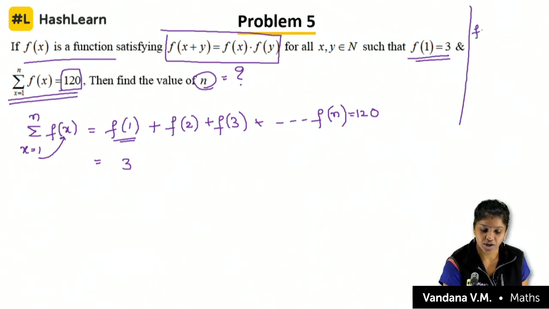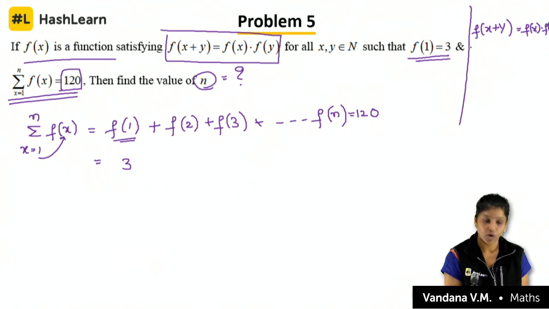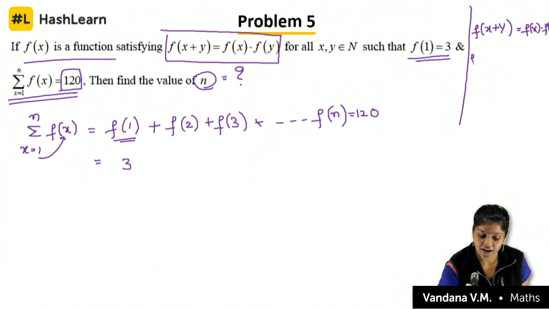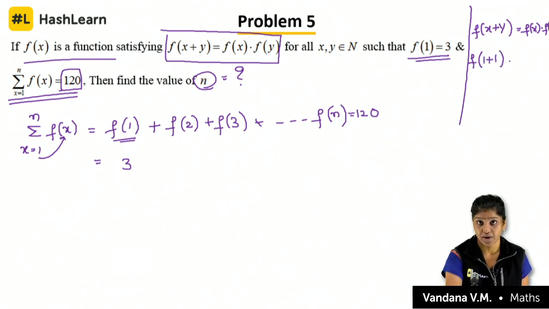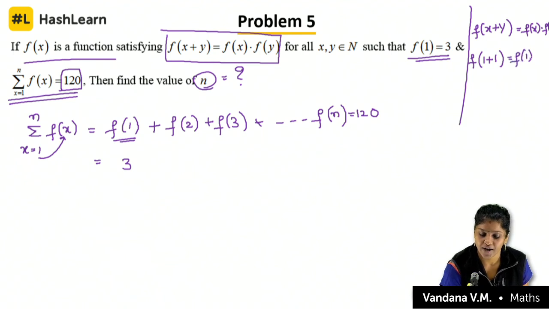What is the condition? f of x plus y is equal to f of x into f of y. I want 2. For my convenience, I will write that 2 as 1 plus 1, because I wanted to substitute over there. So it becomes f of 1 into f of 1 only. So f of 1 value I know is 3, 3 into 3, that is 3 square.